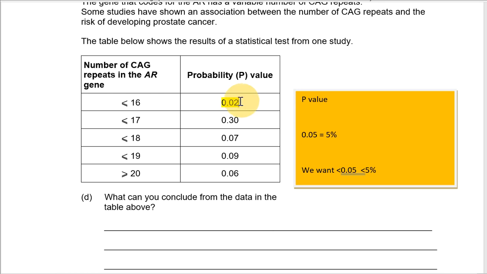So I quite like that data here. This is trustworthy data. All the other ones, 0.3, that's 30%, is really, really high. 0.07 is 7%, 9%, 6%. All of the other ones are above. They are 5% or more. They are more than 5%.